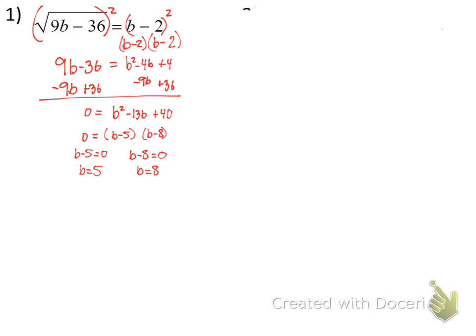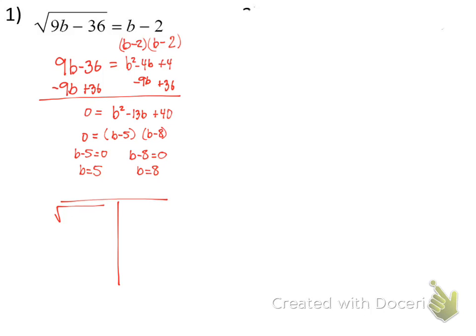Alright? So we got your two answers. Now we have to check them for if they are extraneous or not. So we got the first one. You go back to your original problem. So I'm going to erase my annotations up by my original problem so I don't get confused here. Okay, original problem, the square root of 9b minus 36 equals b minus 2.